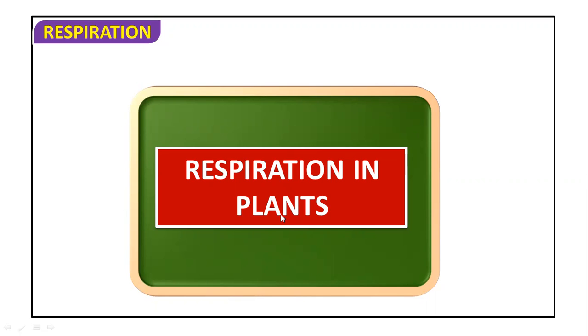But in respiration, that glucose which is already synthesized in photosynthesis is going to be broken up, and it is going to release energy, and that energy is going to be used in several processes. Okay, so this way this is going to happen.